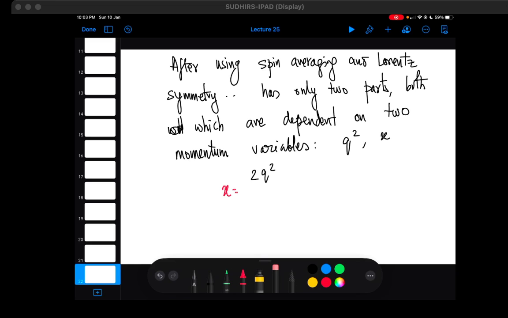This x is also called the Bjorken x. It is essentially the fraction of the momenta taken over, as will turn out, by some substructure of the proton.